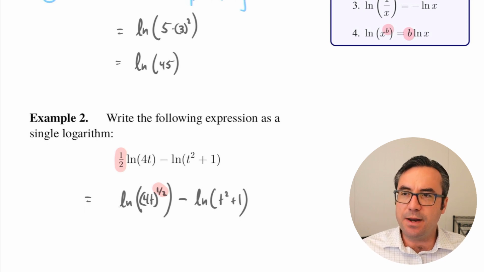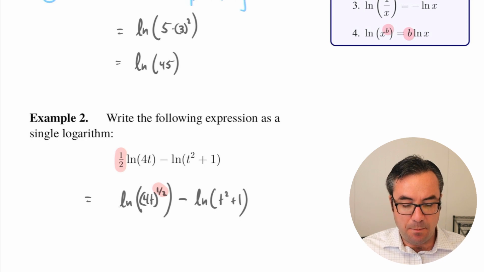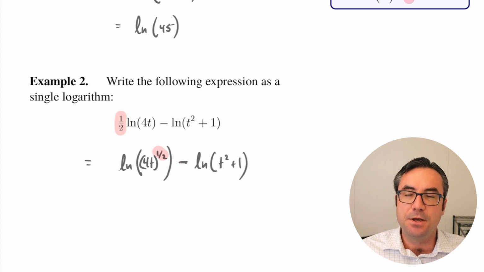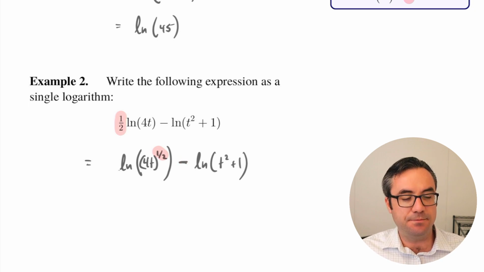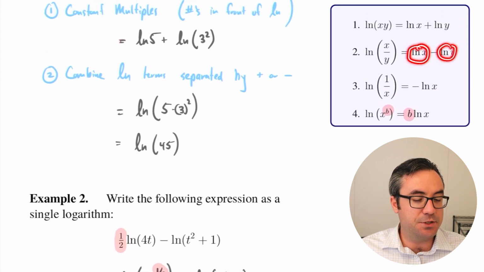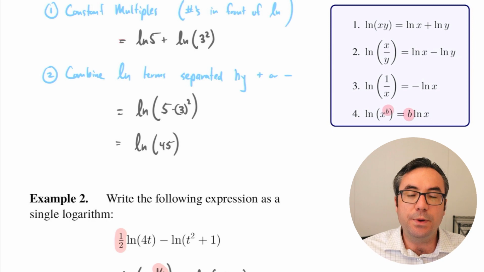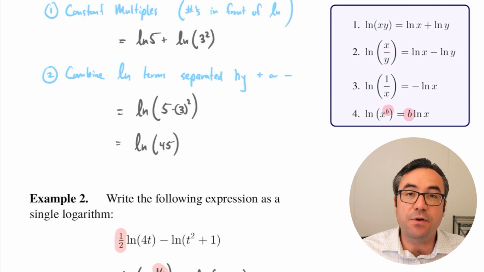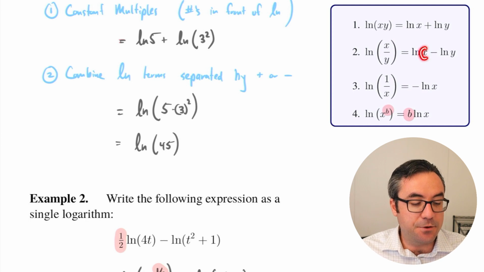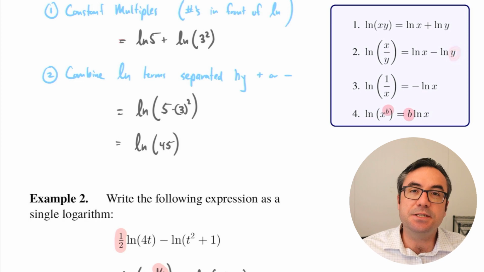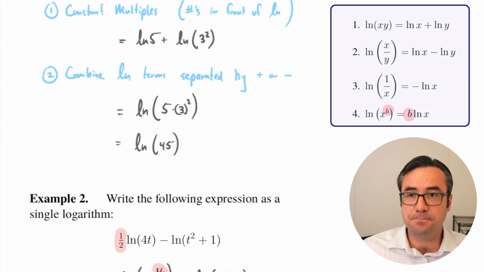All right. So now we want to get these combined even further. And we see that they're separated by a subtraction sign. So what happens with subtraction, if we go back up to our properties, so if we have 2 log terms and we're subtracting, well, we can convert that into a single log where we have a fraction. And we take the first piece, that becomes the numerator, and we take the second piece, that becomes the denominator.